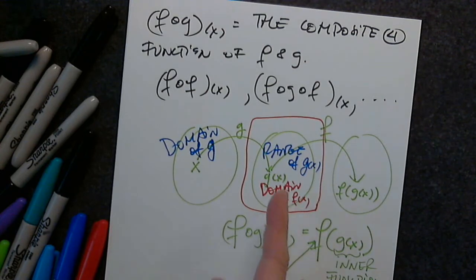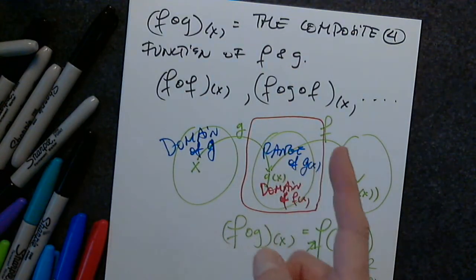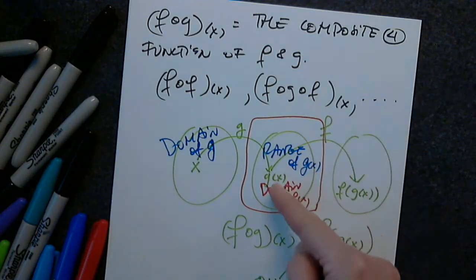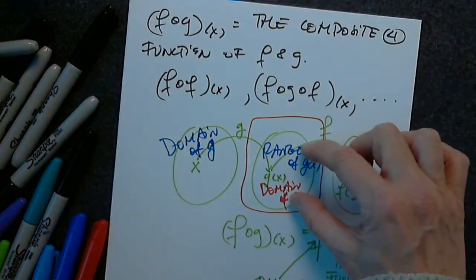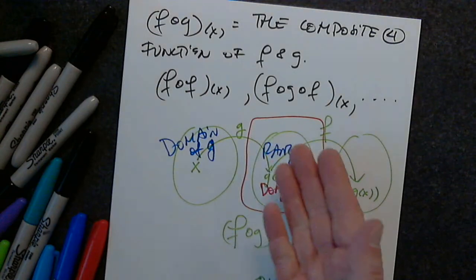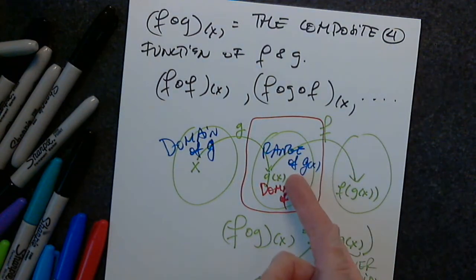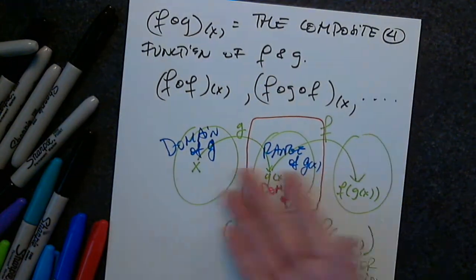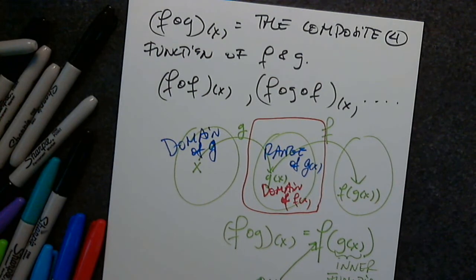It's a question of whether the range of G works well with the domain of F. These two have to work well together. If G brings 5 and F is not defined at 5, then the chain is broken. Done. We cannot determine this function. We have to go back and readjust the domain of G. But that's not part of this course, so don't worry about it. I just wanted to explain what the potential problem could be.